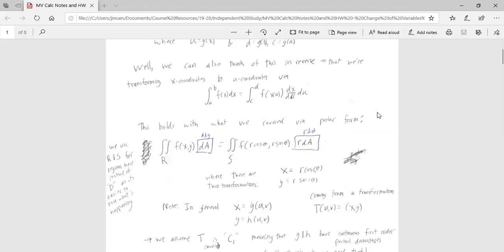Here we've essentially done exactly this type of substitution, with the idea that x is r cosine theta and y is r sine theta. But here, this r dA needs to take the place of dx du times du.